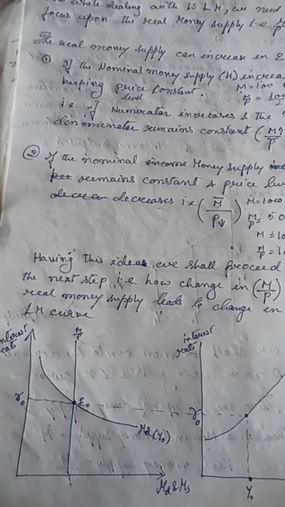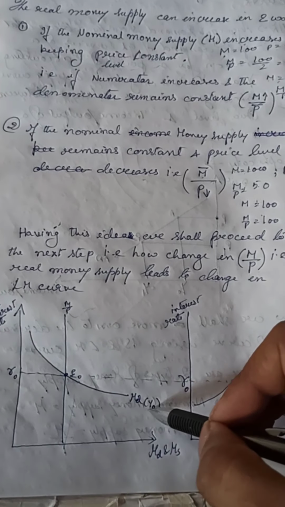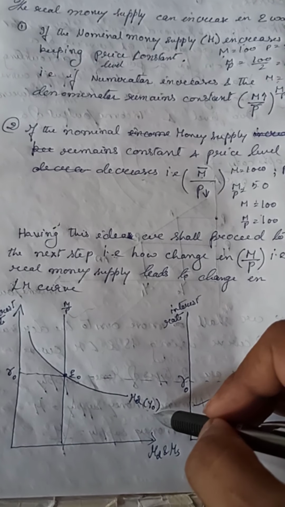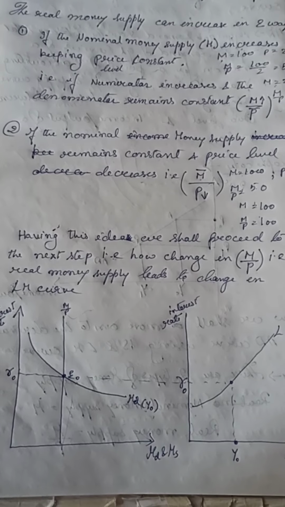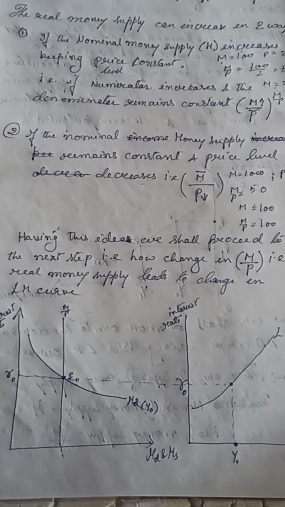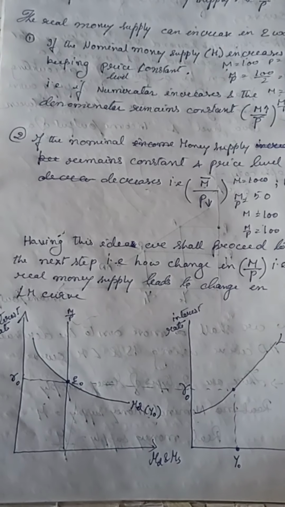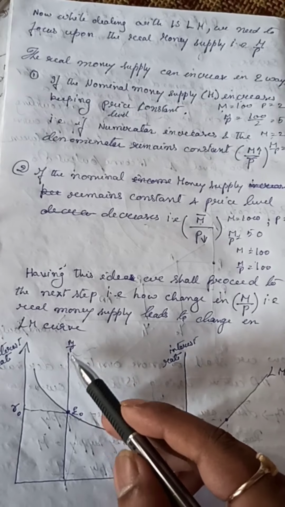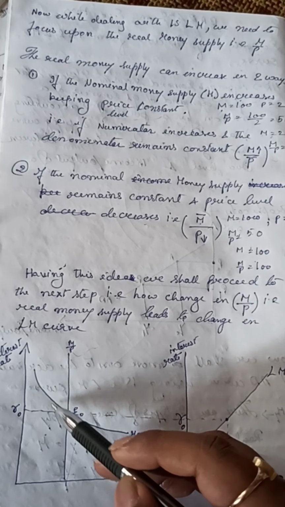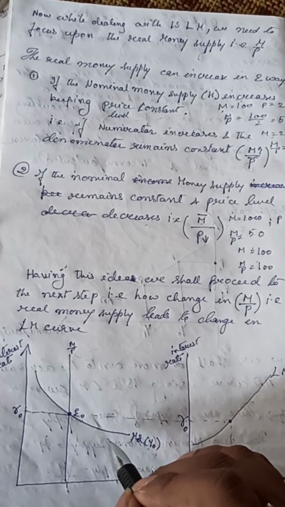And we again have the money demand curve, and we all know that money demand depends upon both the income level and the rate of interest. Let us see where these two curves intersect.